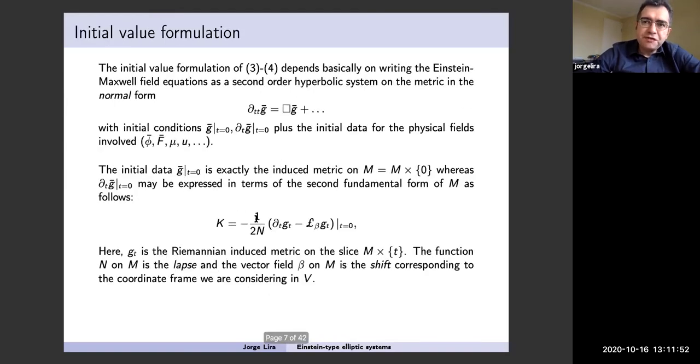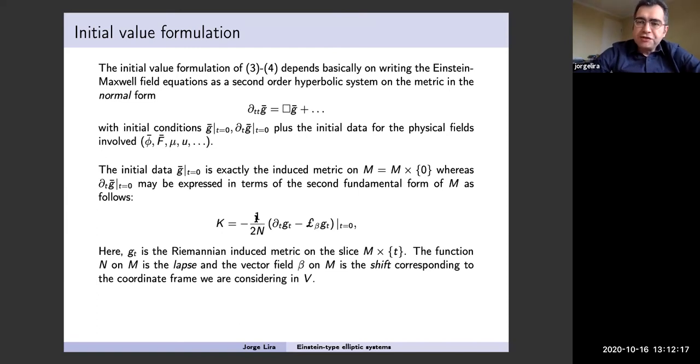And the idea is to, in a certain way, reduce the problem to an elliptic system. That's why in the title it states elliptic system instead of hyperbolic system. How can you do that? It's the initial value formulation, the Cauchy problem for that system, that gives us some hints of how to do this reduction to an elliptic system.